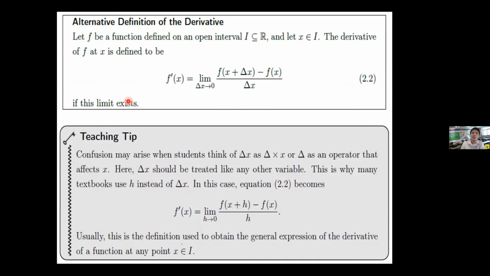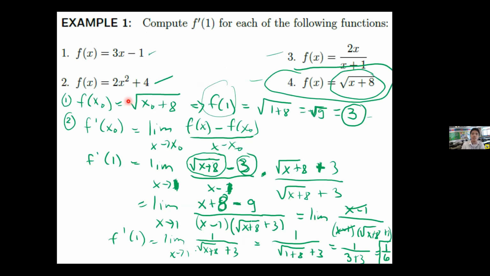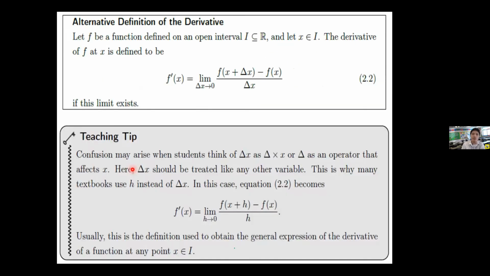When you say transcendental functions, those are the trigonometric functions, logarithmic functions, or exponential functions. It is difficult if we use this process. It is complicated. So the alternative definition of the derivative is similar but the first is f of x plus delta x minus f of x over delta x as delta x approaches 0.